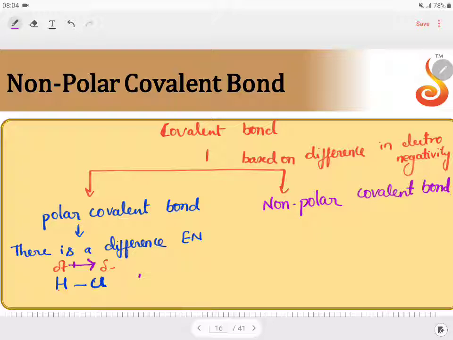In carbon dioxide, the C double bond O, C double bond O. Among carbon and oxygen, oxygen is more electronegative. This bond is a polar covalent bond. Maybe the molecule is non-polar, but the individual bond I'm talking about is a polar covalent bond.